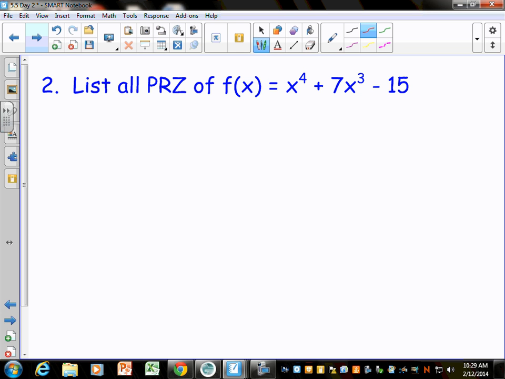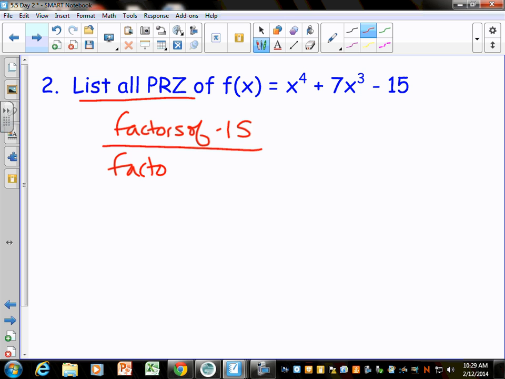So if I was going to list these, I'm going to take factors of negative 15 over factors of the leading coefficient, which happens to just be 1. I could write all this over 1, but I don't need to, because when you divide by 1, nothing changes. That's my kind of problem, where I can check to see which ones of those worked.